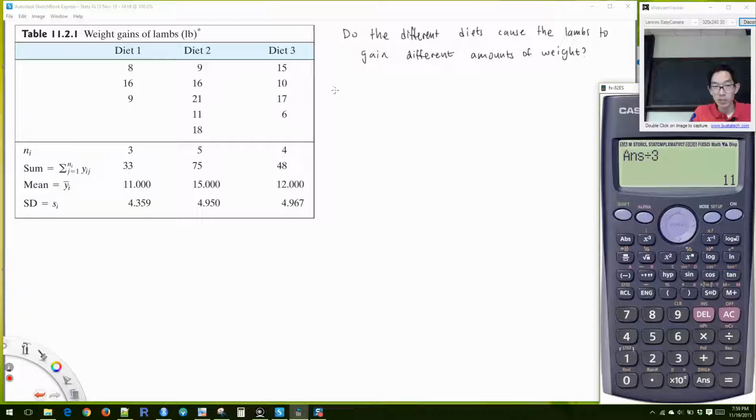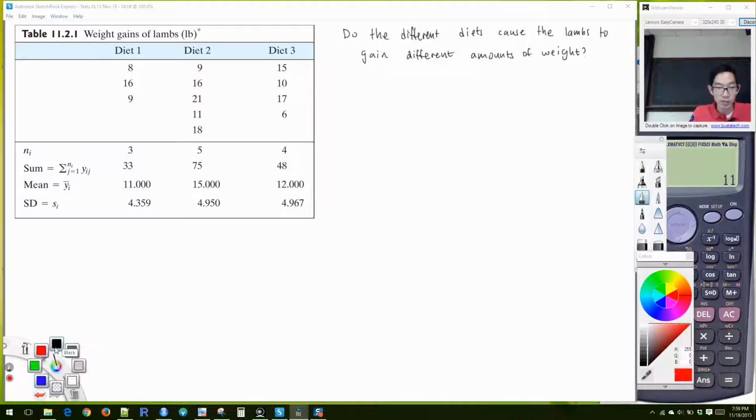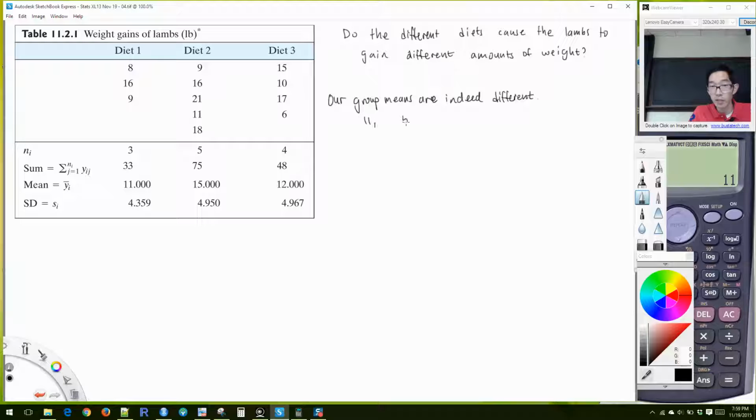So our group means are different. They are indeed different: 11, 15, and 12.